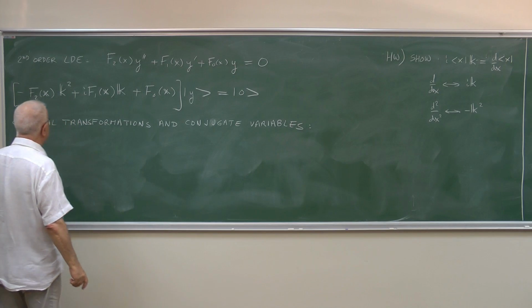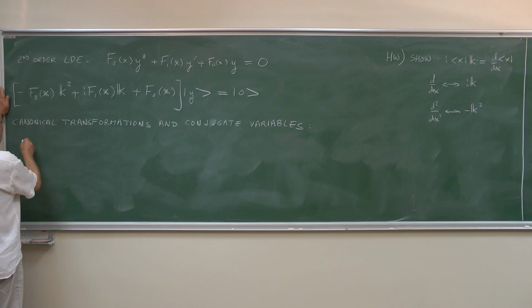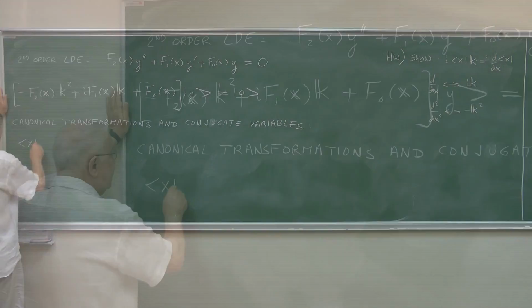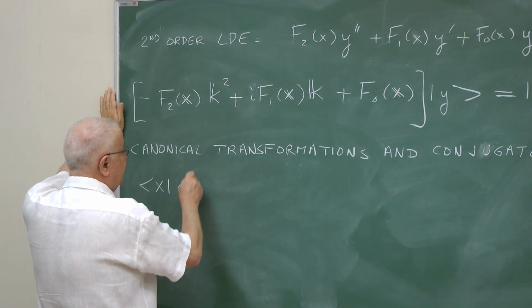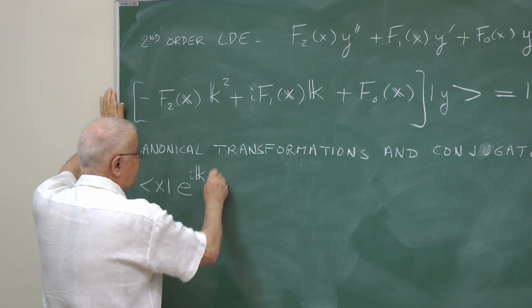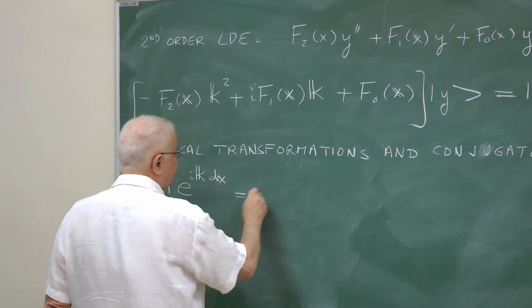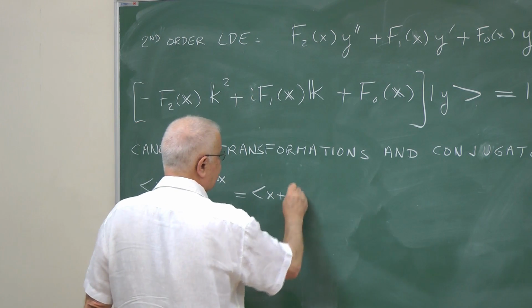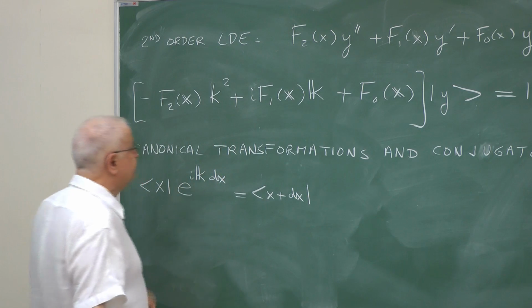We saw a little while ago that x, when multiplied by e to the ik dx, gives me x plus dx.